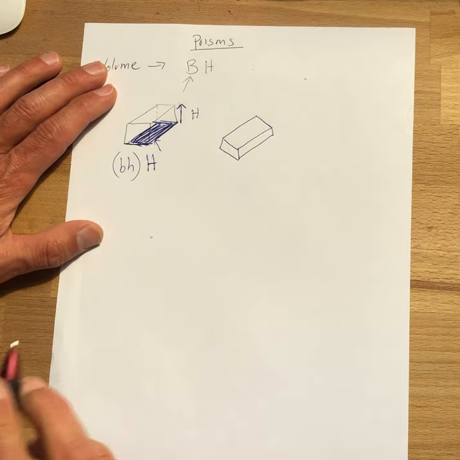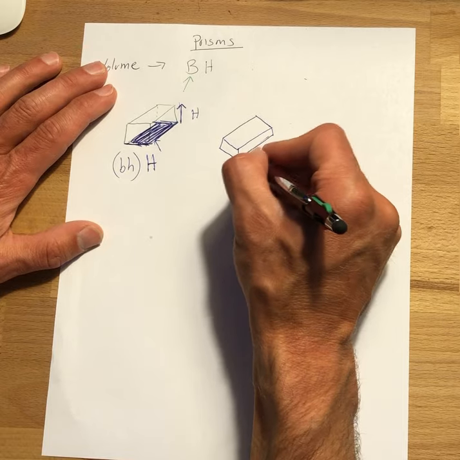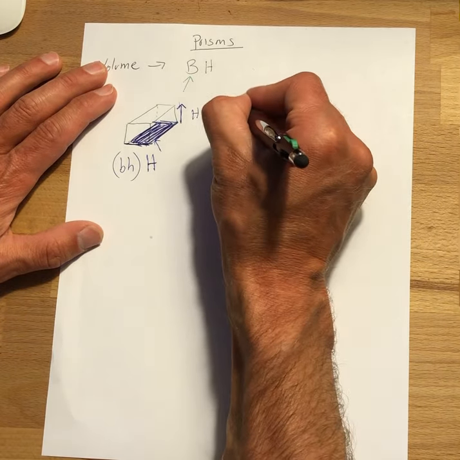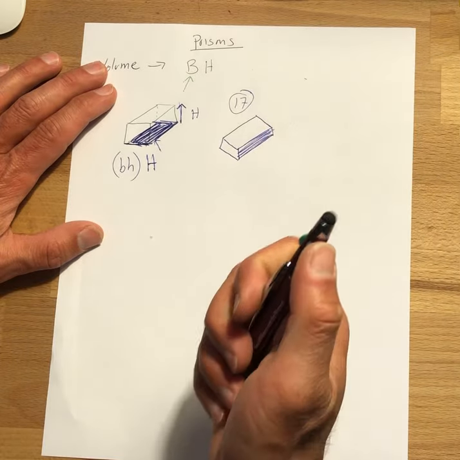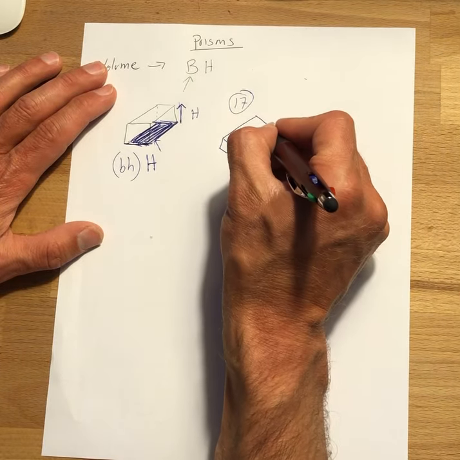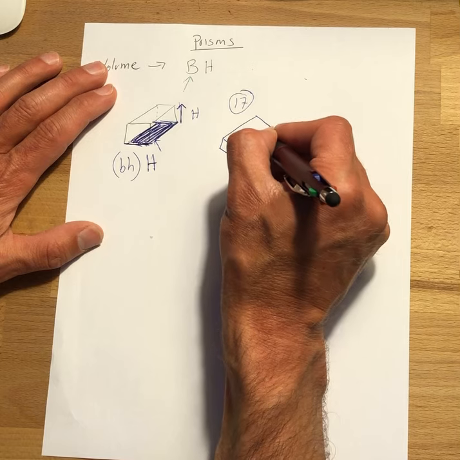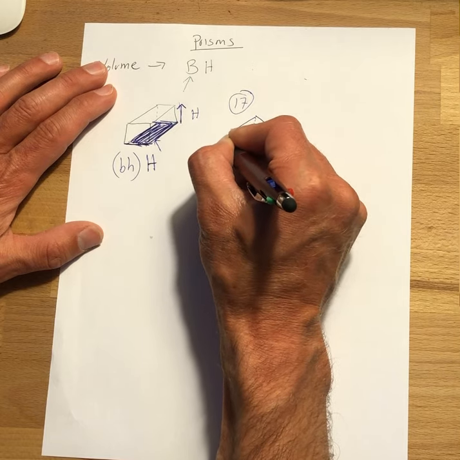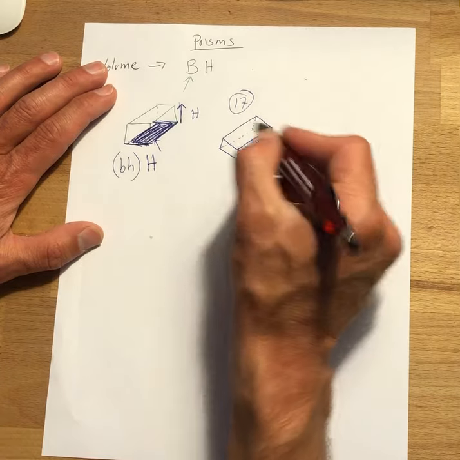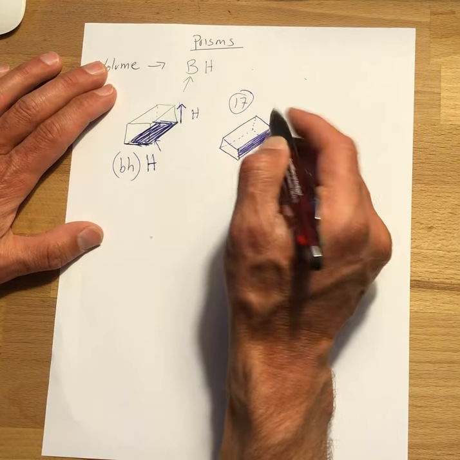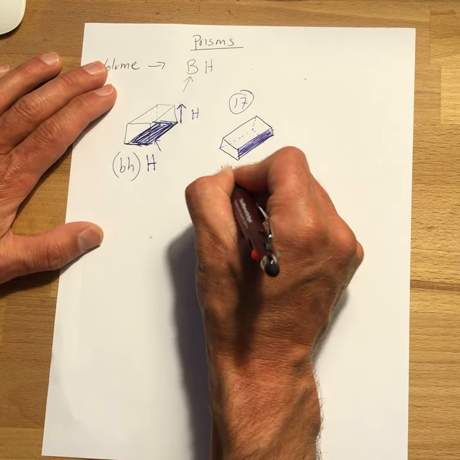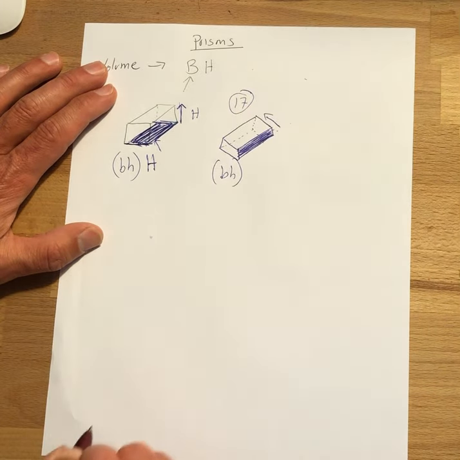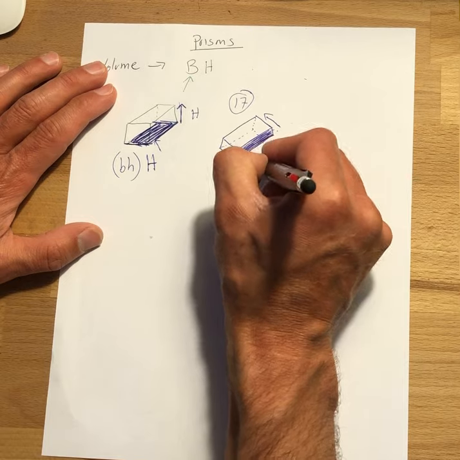Here's the shape. Here's the rectangle. This is number 17 on the example problem. What you can't see is there is an inside, which makes it a three-dimensional shape. Now, it's the area of this bottom base, which is base times height, times how tall it is, which is the height of the object.